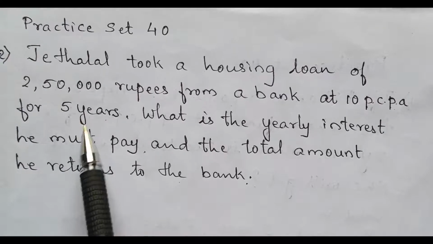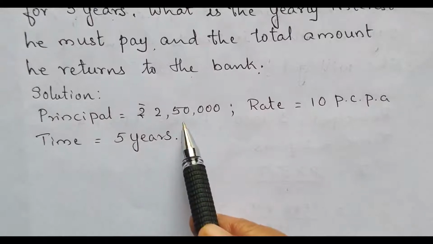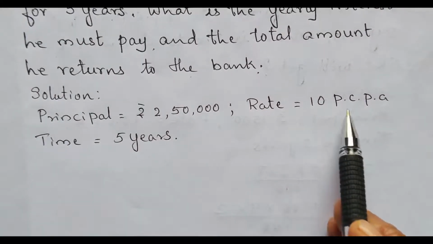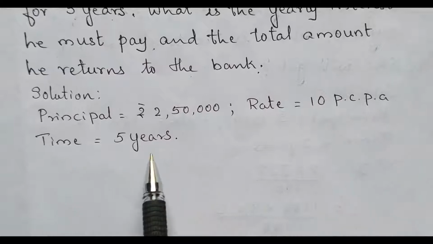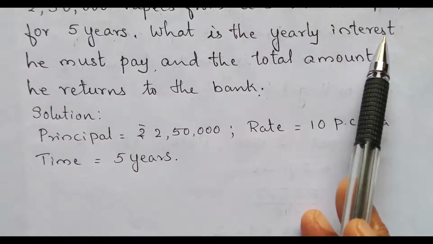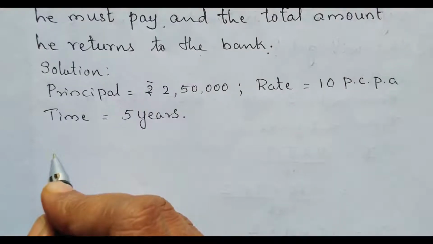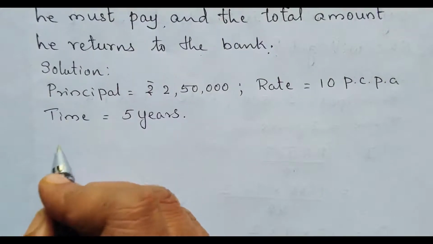So first let us write down what is given. Principal is 2,50,000 rupees, the rate of interest is 10% per annum and the time is 5 years. First we have to calculate the yearly interest, that is the interest for 1 year. So what's the formula for finding the simple interest?